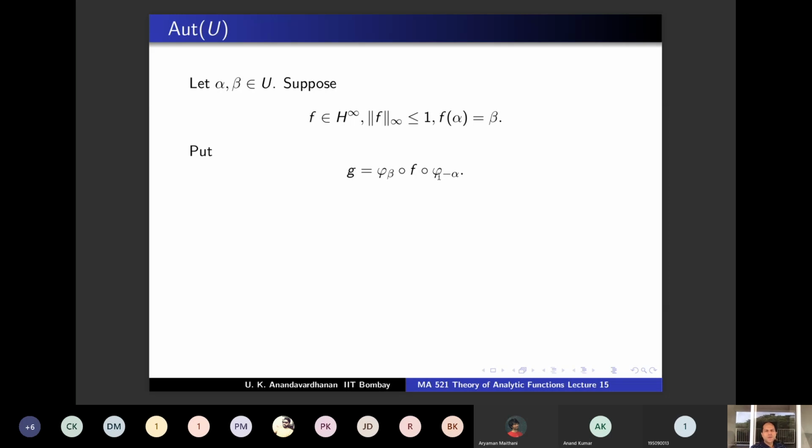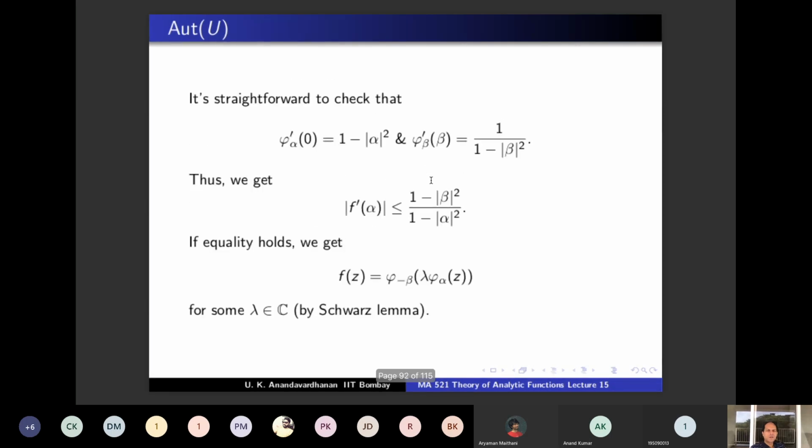So g of phi alpha of z is lambda times phi alpha of z, and then phi minus beta of that. So if equality holds here, then equality holds there, and from that you will get f(z) as phi minus beta of lambda times phi alpha of z, for some lambda with mod lambda equal to 1. This much you will get by Schwarz's lemma.